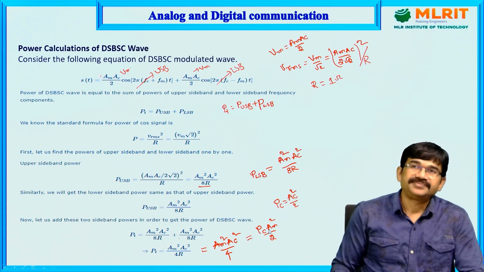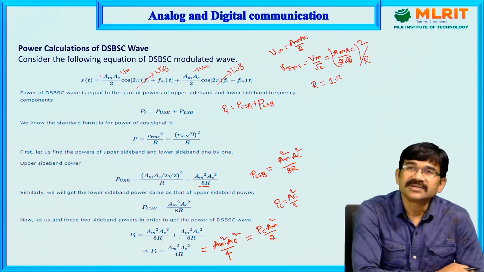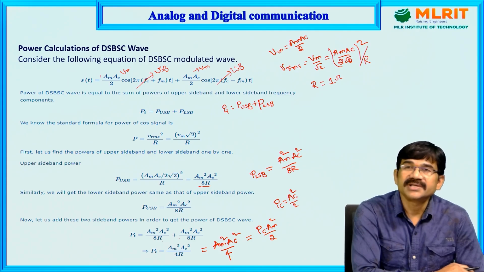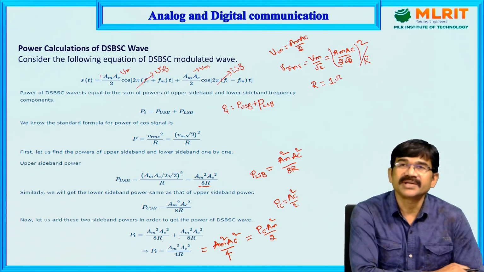So what I have covered in today's lecture: first, what is DSBSC modulation, what is the need for DSBSC modulation, and the mathematical expression for the bandwidth calculation. We calculated the bandwidth, that is F max minus F min, which is nothing but 2Fm. The bandwidth calculated for the DSBSC and for the AM, or DSBFC, is the same.